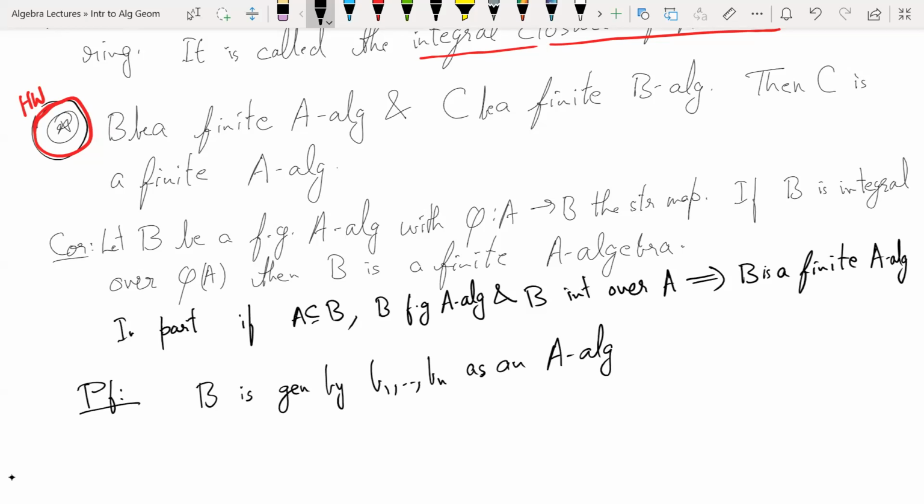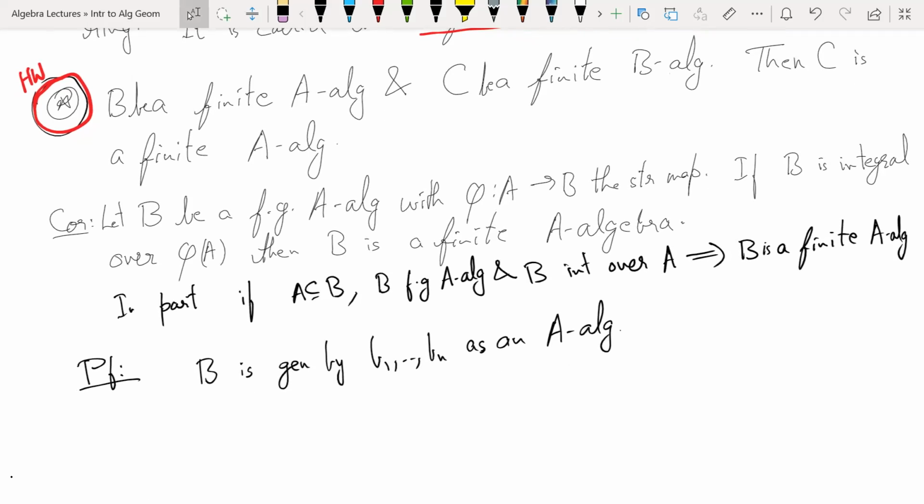That means every element of B you can write as a polynomial function of b1 to bn. And our objective is to show that every element in B you can write as a linear combination of some other elements, not necessarily the same bi's, but some others. We won't give explicitly what those elements are. I will use this theorem.